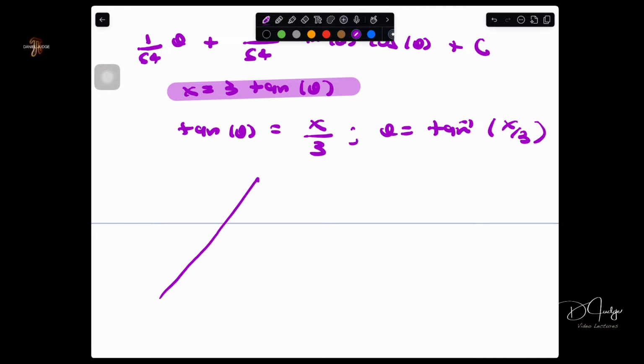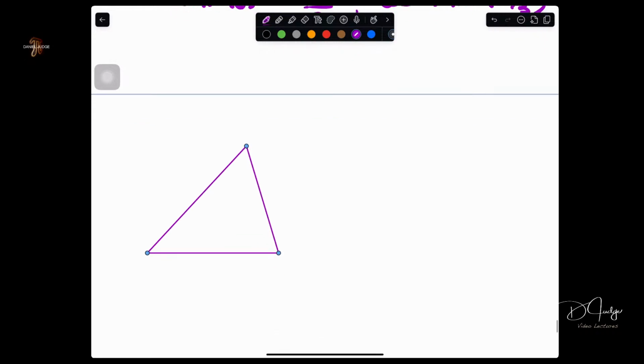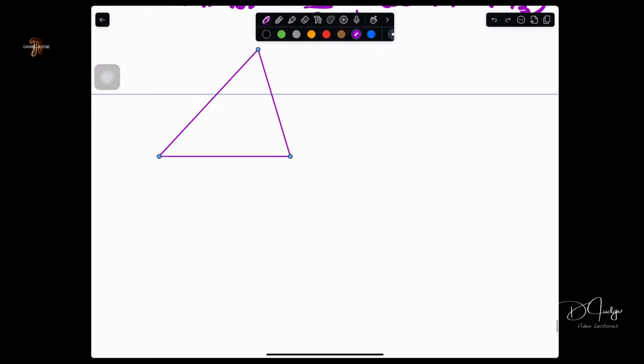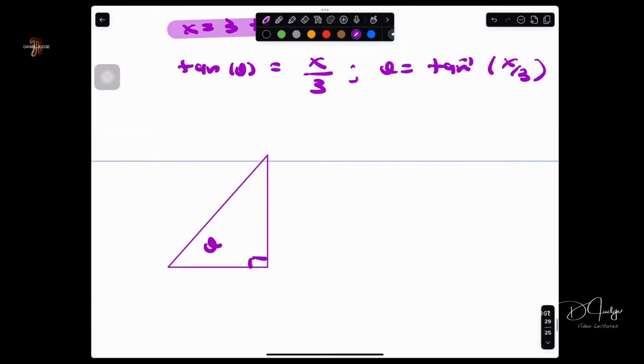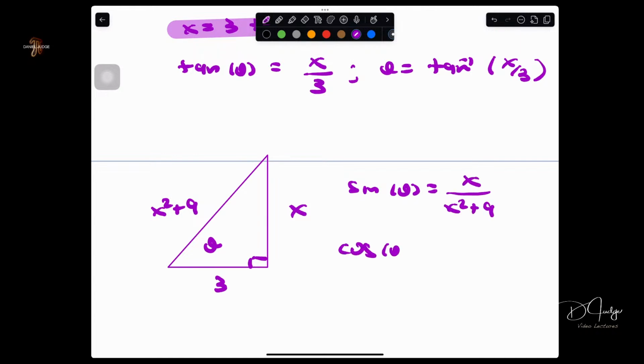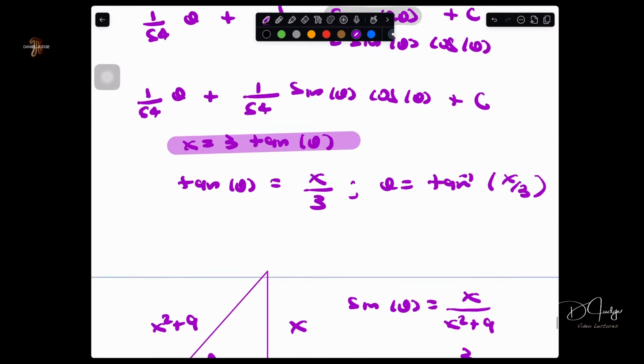Let's create our right triangle. Opposite over adjacent, which means the hypotenuse is the square root of x squared plus 9. Sine is x over the square root of x squared plus 9. Cosine will be 3 over the square root of x squared plus 9. So we have everything we need.